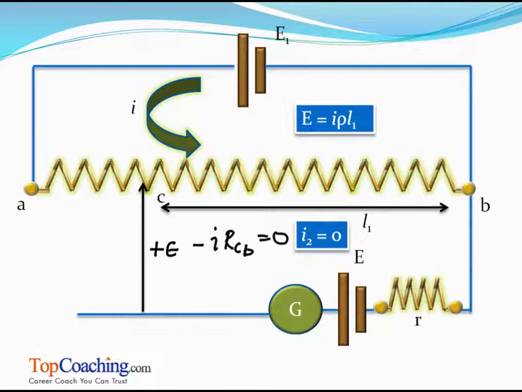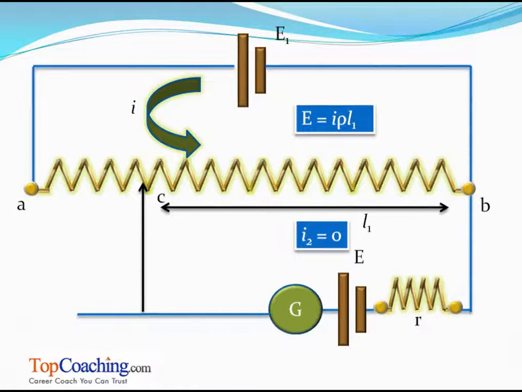This is because there's no current passing through the small internal resistance r in case of zero current. You see, I2 equal to 0. So you don't have to include the internal resistance when you apply Kirchhoff's law here. Therefore you can say that E is equal to I into rho into L1, where rho is the resistance per unit length of this resistance wire AB.